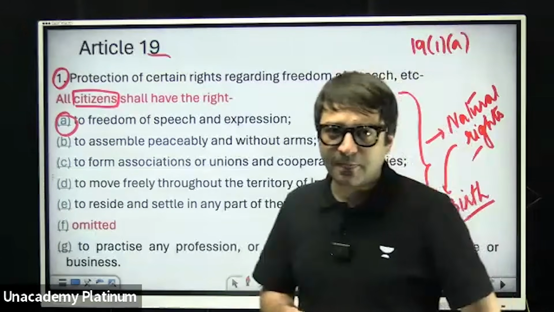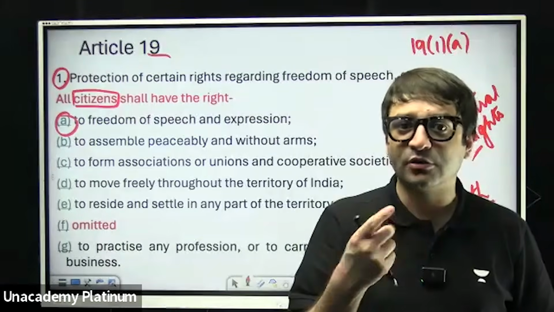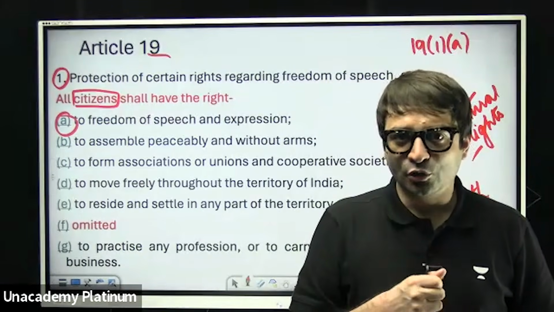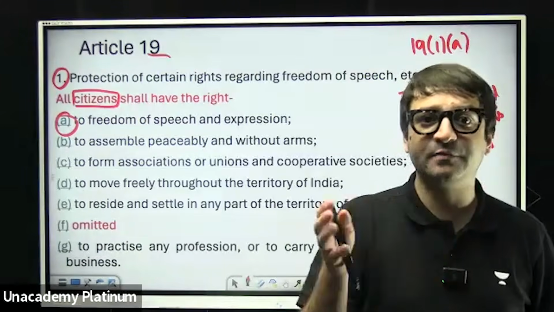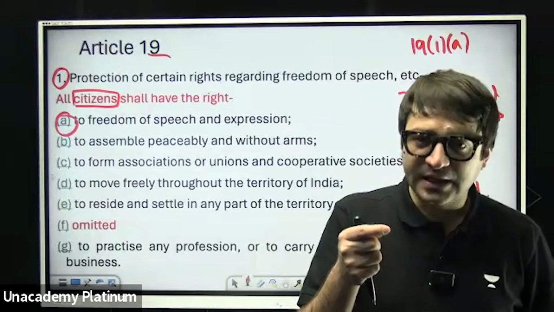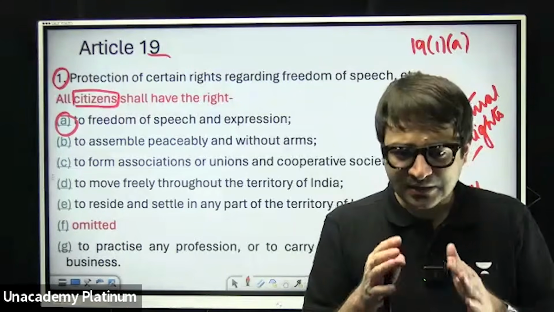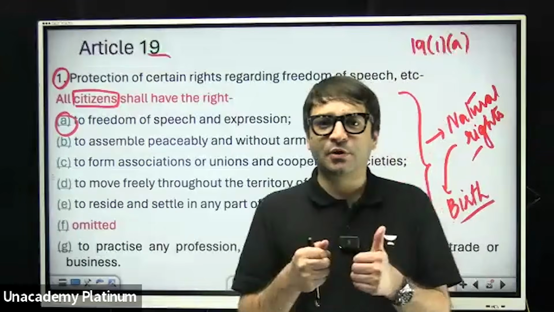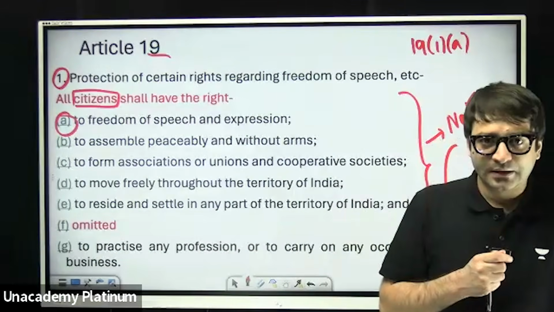Once you are born, over a period of time, you start speaking and expressing yourself. You start moving here and there. You start residing and settling in different parts of the country. You also start taking up a profession or a trade or an occupation. These rights are called natural rights because they occur naturally to an individual because of their birth.